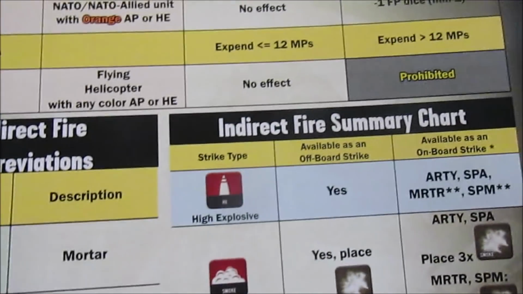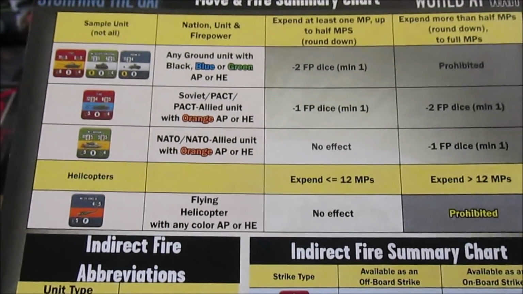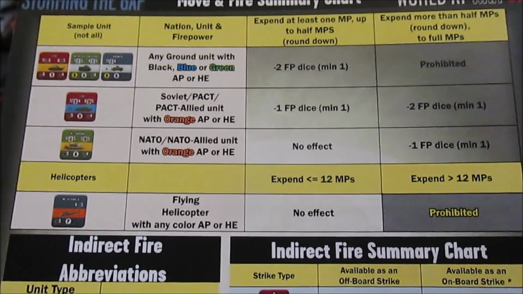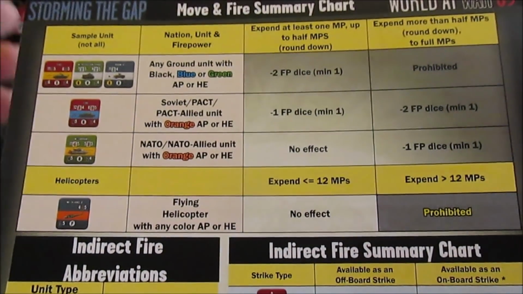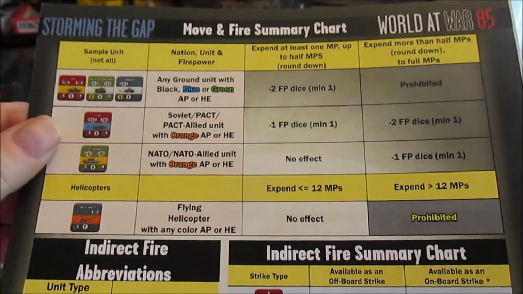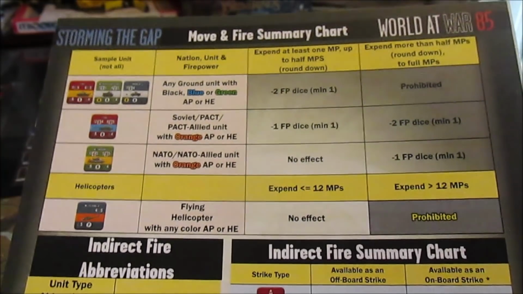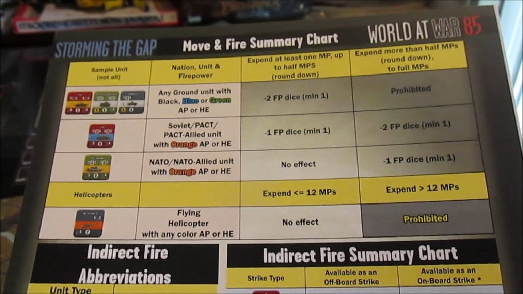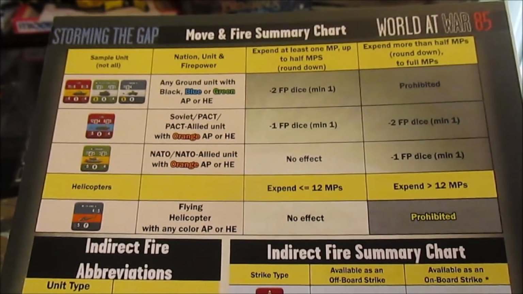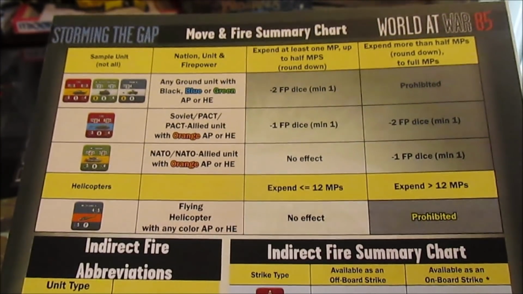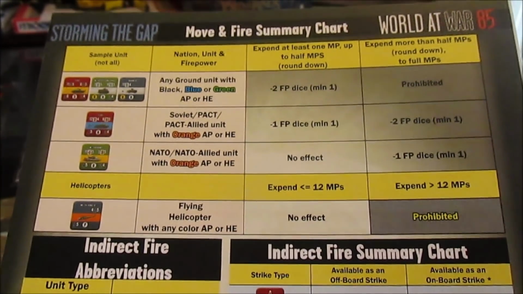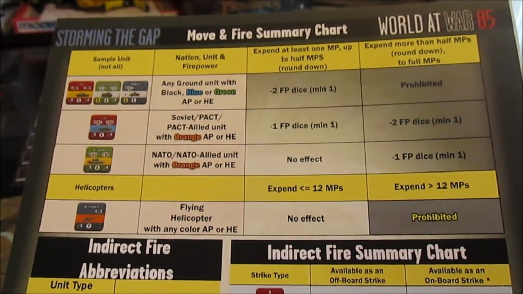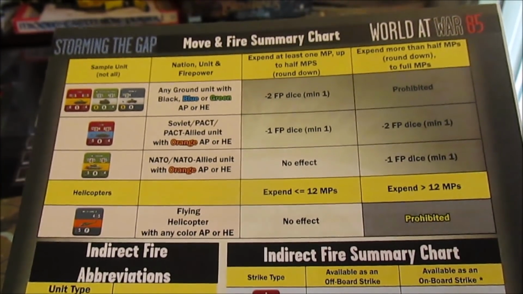But on the back of it, and this is one thing that has changed a huge amount from the first rule set, is the Movement and Fire summary chart. In the original, some NATO units could move and fire, of course with degraded capabilities, and virtually no Soviet units could.